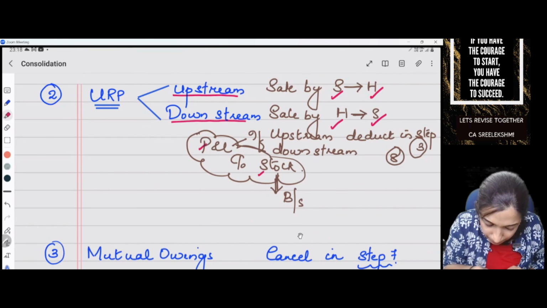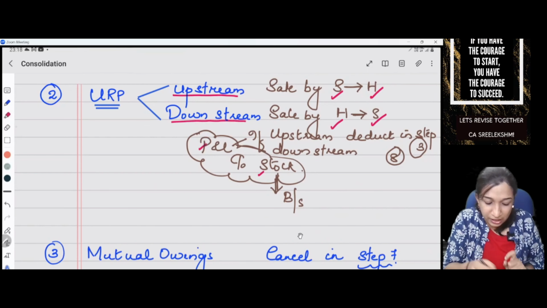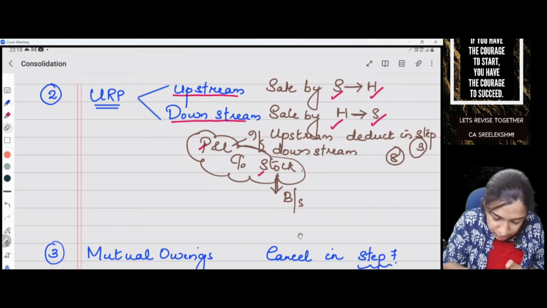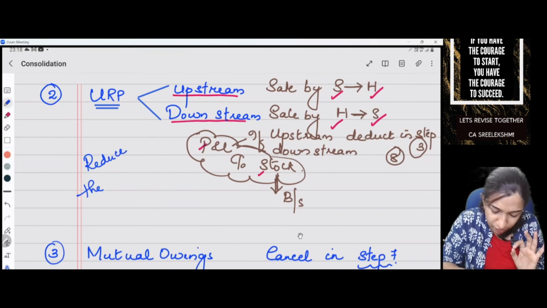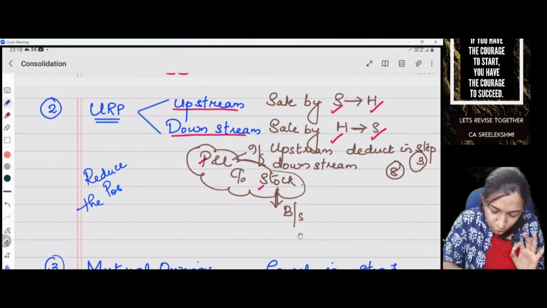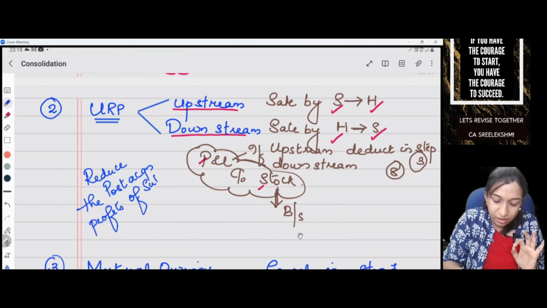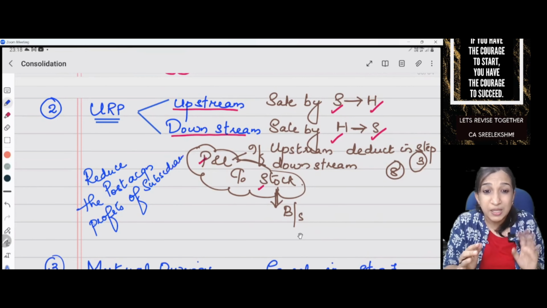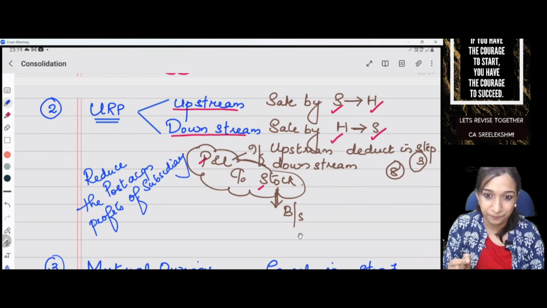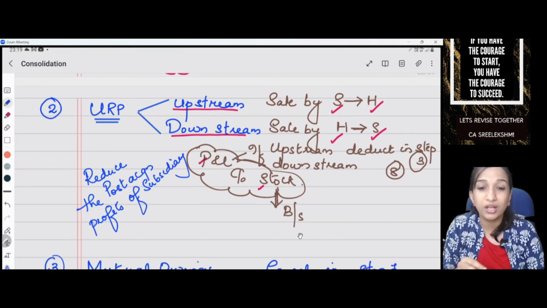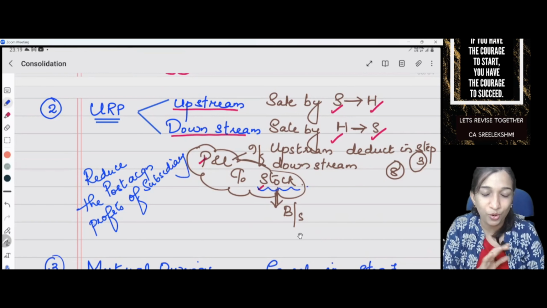So if it is upstream, reduce the post-acquisition profits of subsidiary, which we generally do in step number 3, and reduce the stock in the balance sheet. Okay, clear.